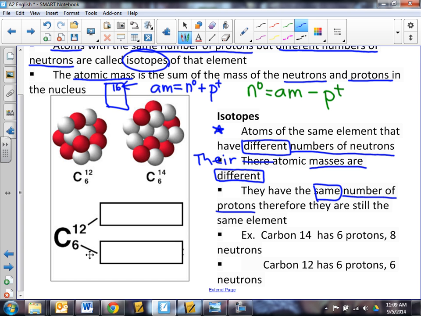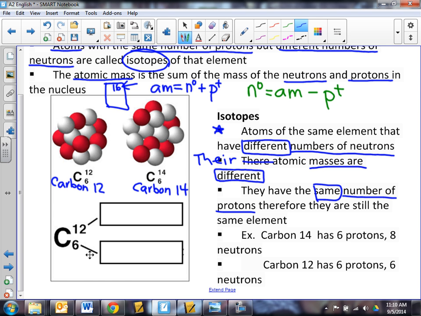So I'm going to use the example of carbon-14 and carbon-12. At the bottom, I've written out what's going on, and on the left, there's a picture so that I can show you what's going on. This picture here is carbon-12. And the other one is carbon-14. Now, if you look at them, they look basically the same except for one key difference.